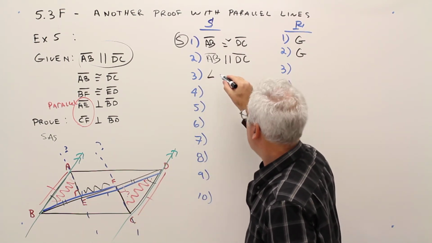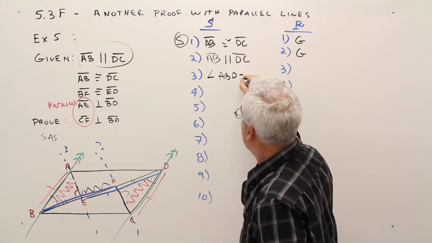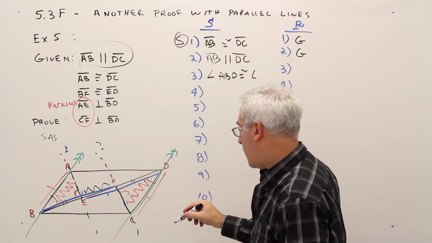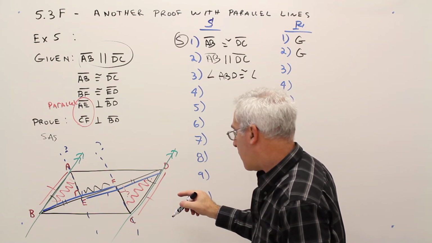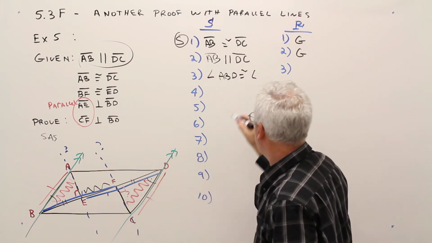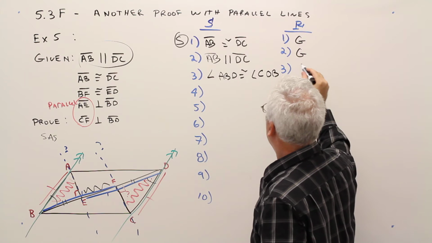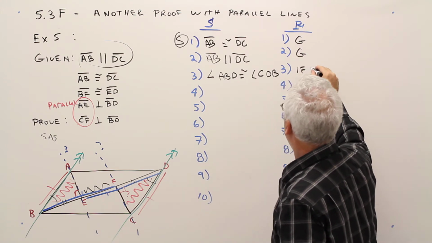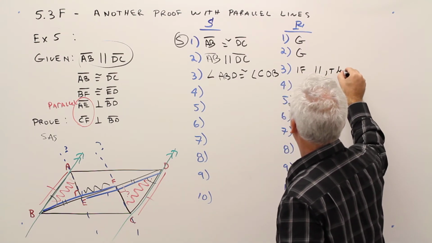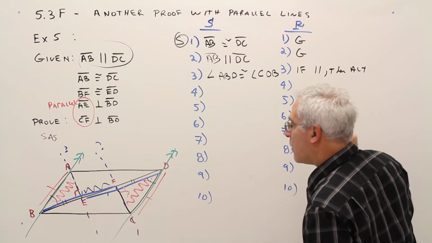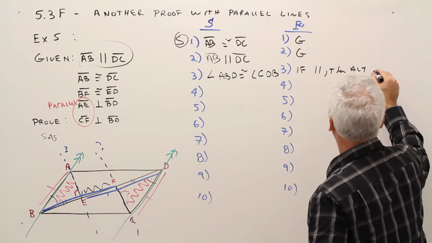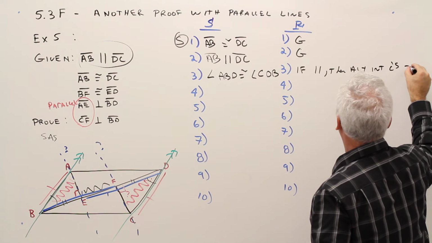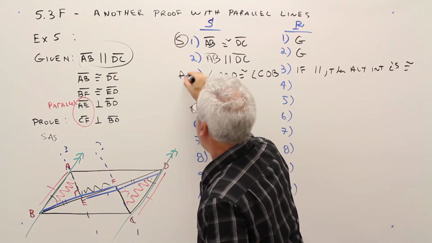Angle ABD is congruent to angle, what shall I call it? I'll call it CDB. And that would be if parallel, then alternate interior angles congruent. So that would be my angle.